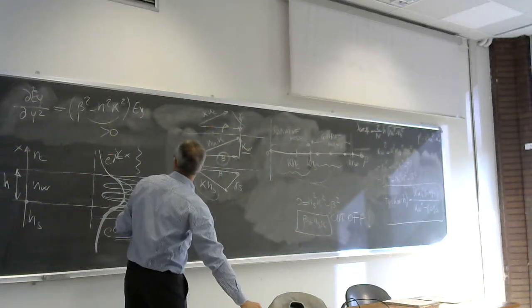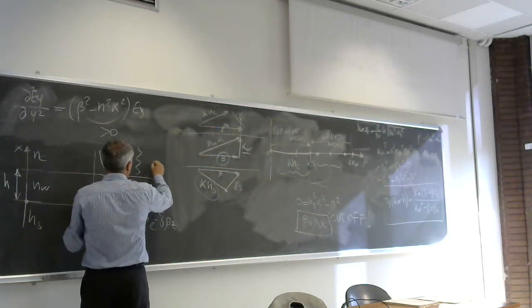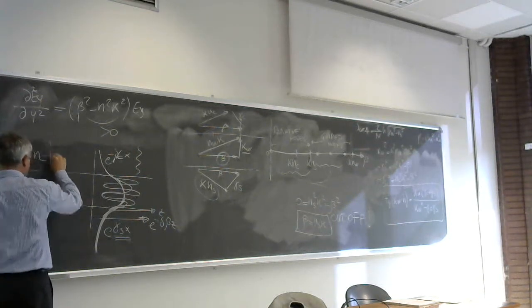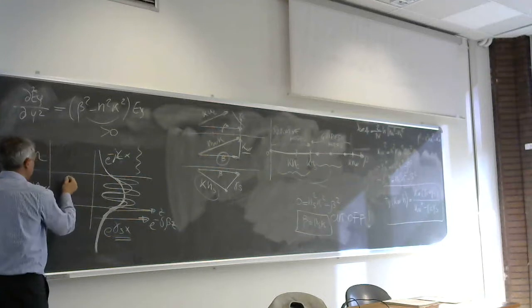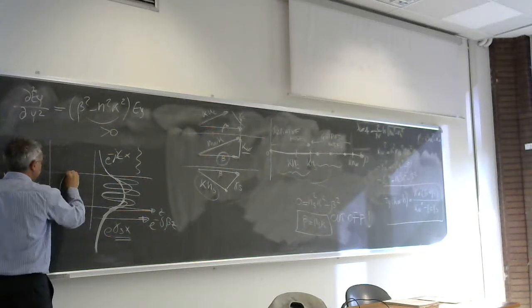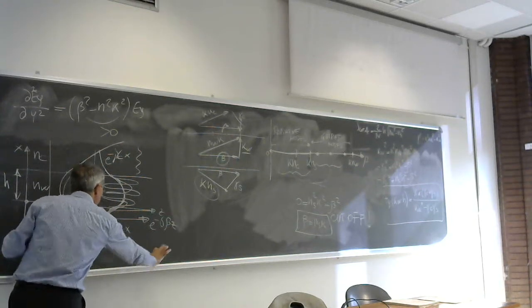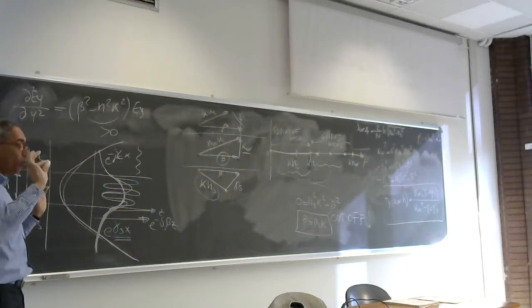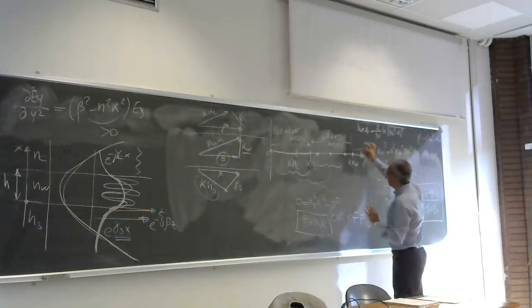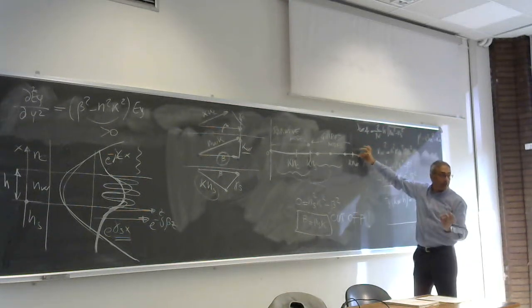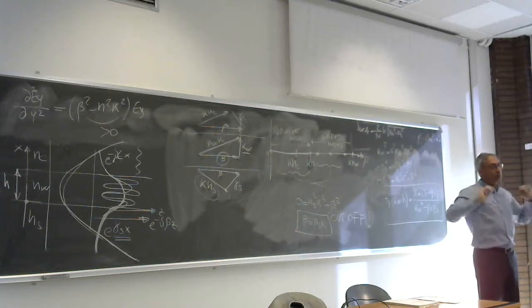So the solution is no more something like this, but is, let me draw here. Inside the core is a cosine. So once again it is something like this, and then outside is something like this. You see, the second derivative is always positive at every point. So the value of beta in this part means a field that continues to increase as you go away from the waveguide.